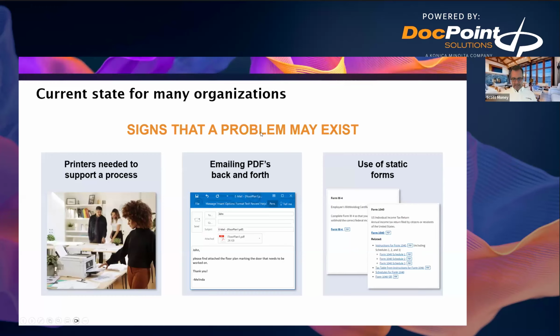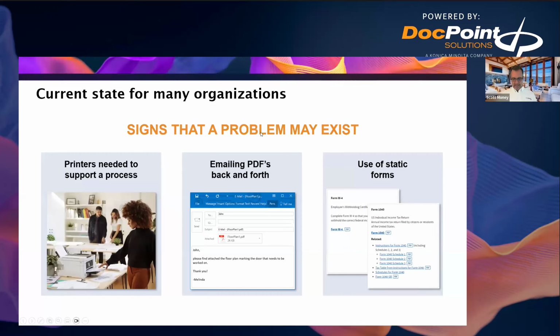Sure. Thanks, Scott. The reason we wanted to talk about the current state of many organizations and the signs that a problem or a challenge may exist is because organizations are usually along some sort of continuum towards modern processes. They're not necessarily paper-based, but some signs that there's opportunity for improvement is printing required at any stage in the process to support a process.